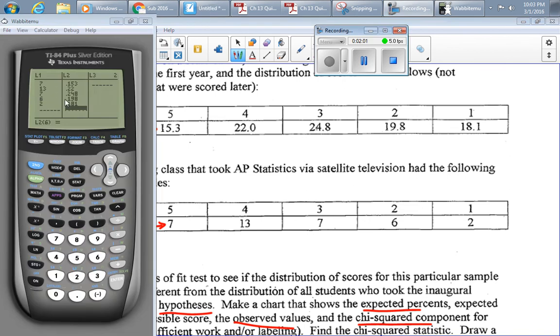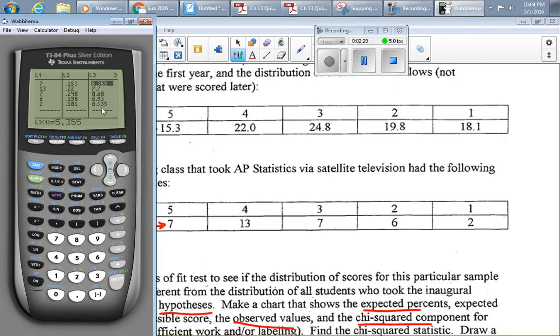So I have these numbers typed in here, and then what I need to do in L3 is to get my expected counts. Now I know that I can add up L1 and discover that there are 35 students who took the class by distance learning. So I want to take those 35 students and multiply them by these percents. So I go here, and this is going to be 35 times L2.